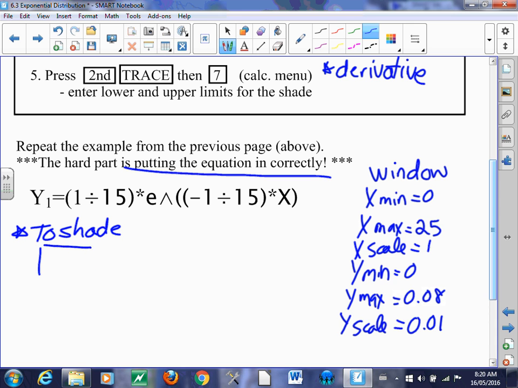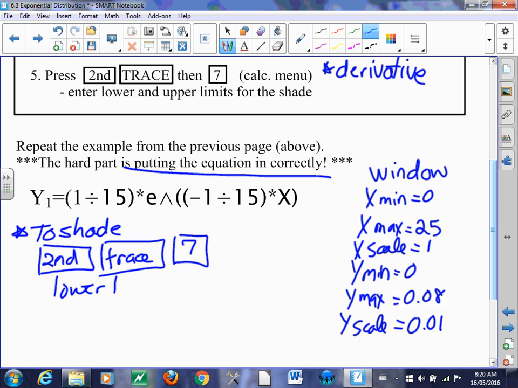You're going to go second trace, which gets your calculate menu up, and then you're going to press 7. Okay, and then it'll ask for some limits, so your lower limit is 0, and your upper limit equals 10. Why do we choose 10? Because this is the area under the graph we want shaded. That's what the question asked, remember?